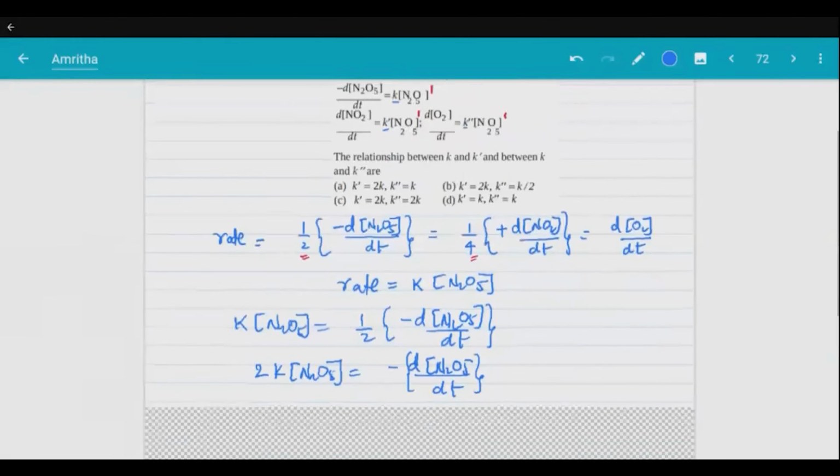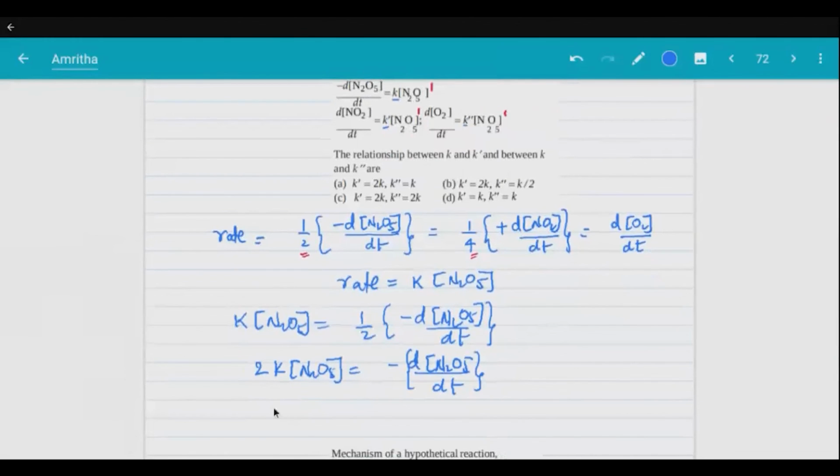Next, the same way, dNO2 by dt, I can write 4K N2O5 is equal to plus dNO2 by dt. And for dO2, it is just K. K into N2O5 is equal to dO2 by dt. And just observe these three. That's it. You will get the answer.